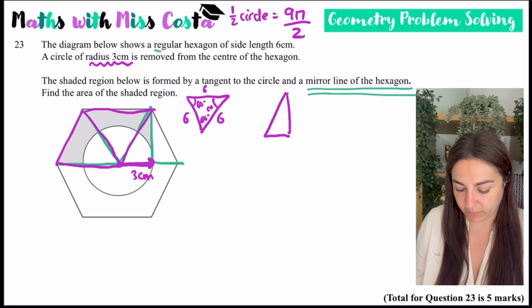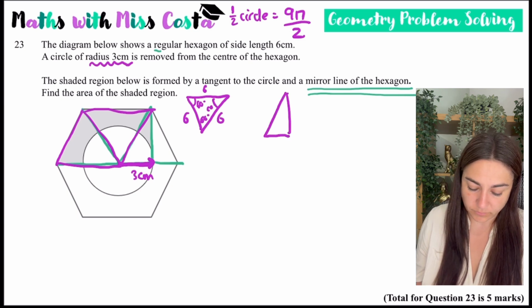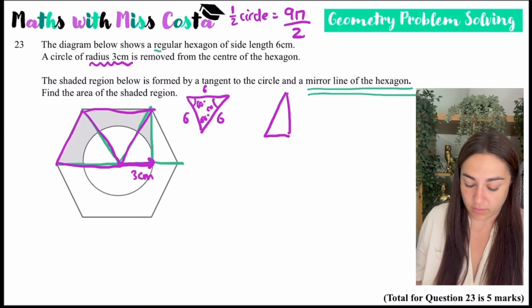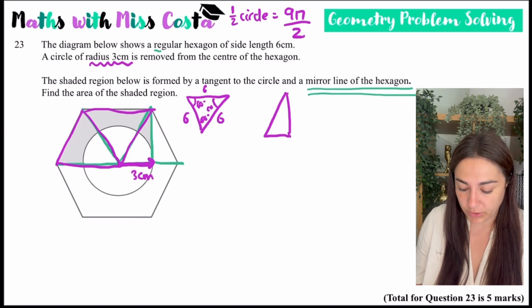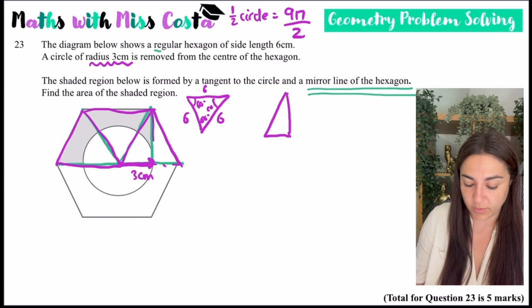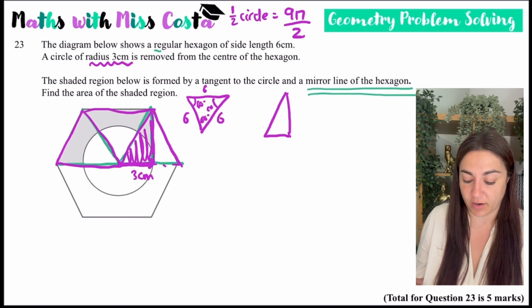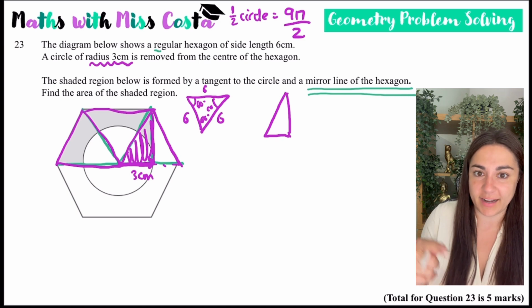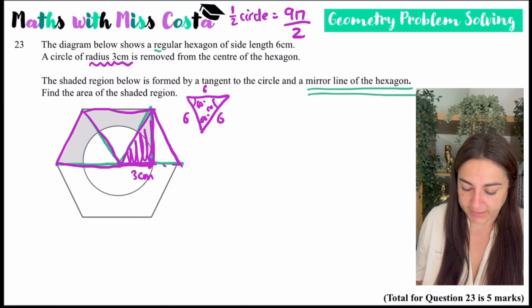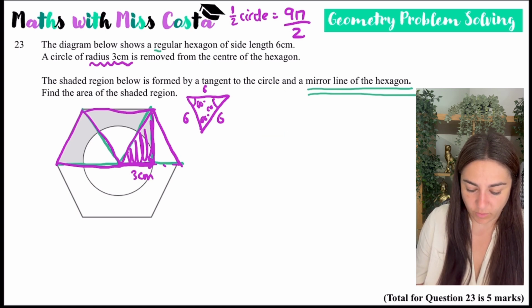And then I've got this right angled triangle, which I could use a separate method for, or I could know that this is an equilateral triangle and therefore I just halve the area of the triangle, but I'm going to do it the slightly harder way just in case you don't notice that. So let's work out the area of these 2 triangles.